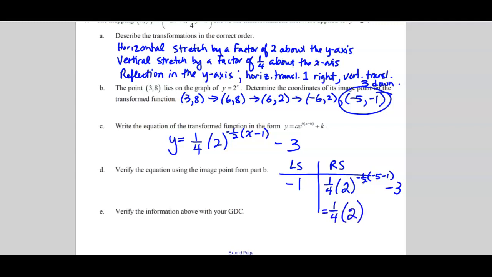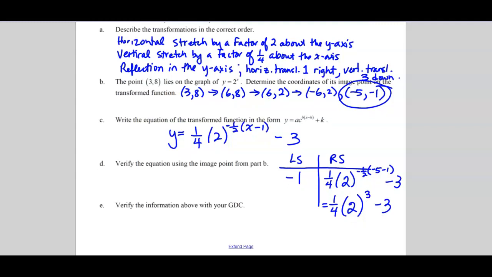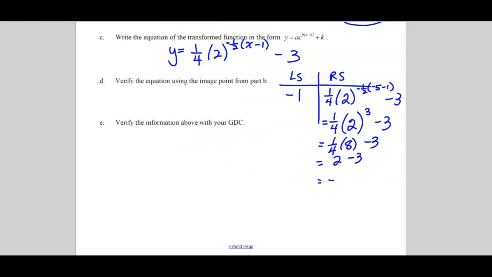So that's going to be -6 times -1/2, which is +3. 1/4 times 8 is 2, minus 3 is -1. And I'll leave the calculator part to you on your own.